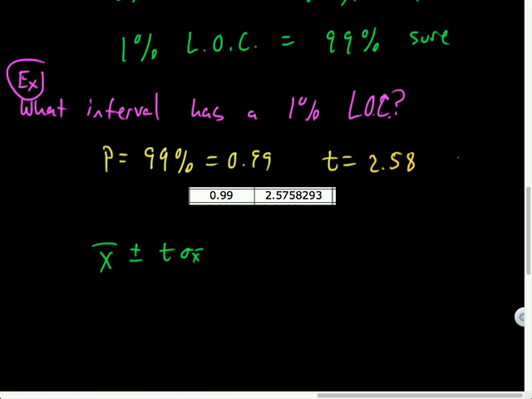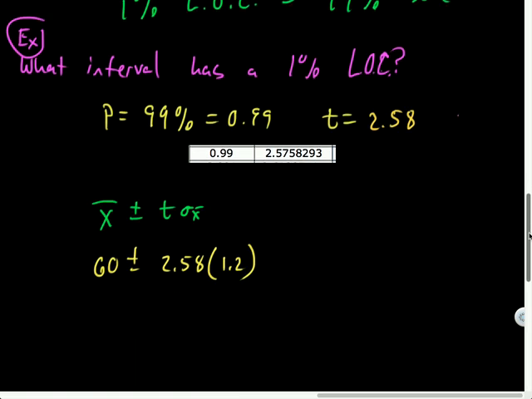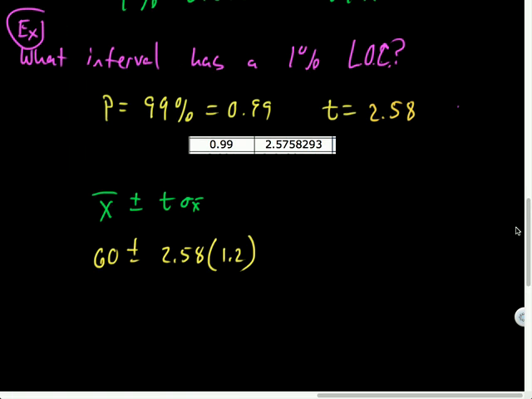So referencing the same original problem, that would have been 60 plus or minus 2.58 times 1.2. And notice sigma sub x bar behaves exactly like a regular standard deviation. Same exact idea, because it actually is a standard deviation. So that's the same as 60 plus or minus 3.096.